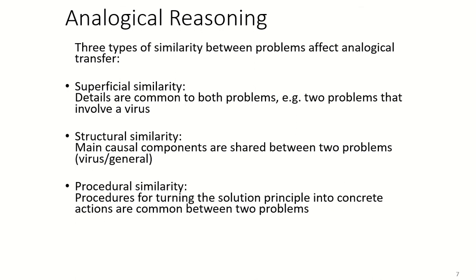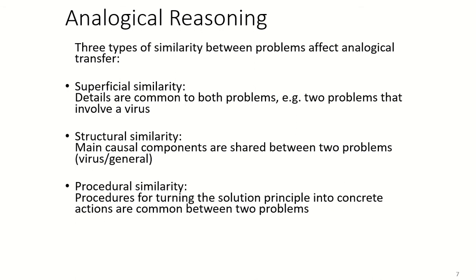Now let's look at the structure of the problem and the structure of the similarity. In that case, the main causal components are shared between the 2 problems. So again, when we talk about computer viruses and biological viruses, both of them are self-replicating, both do damage and so forth. So structurally, they seem fairly similar, just like the general or the Manhattan story or the radiation story are structurally similar.